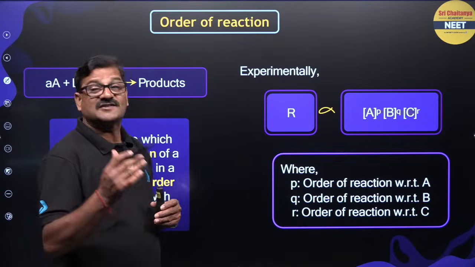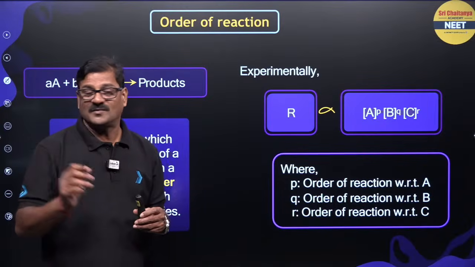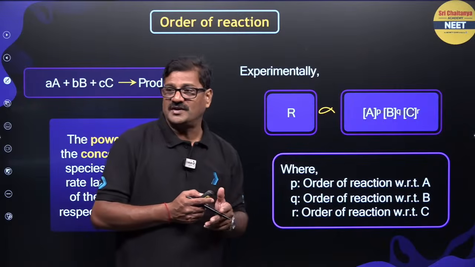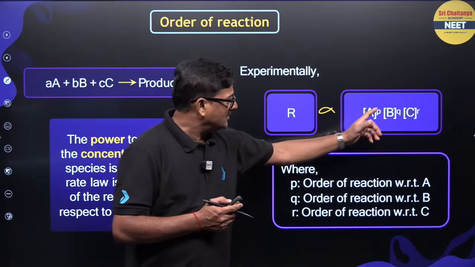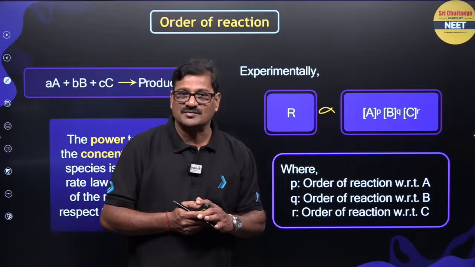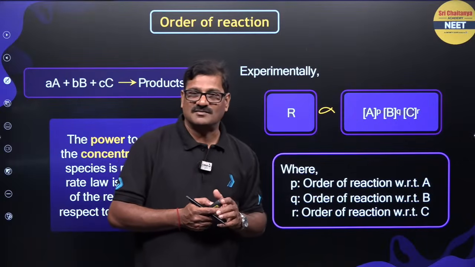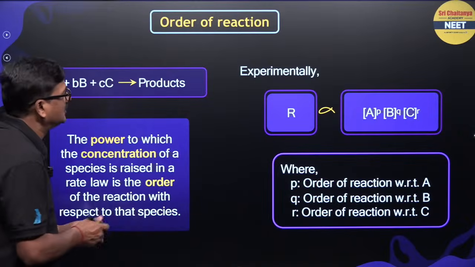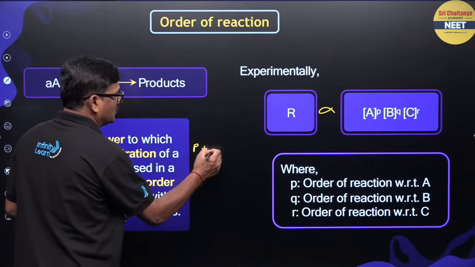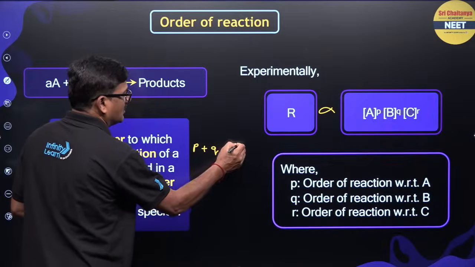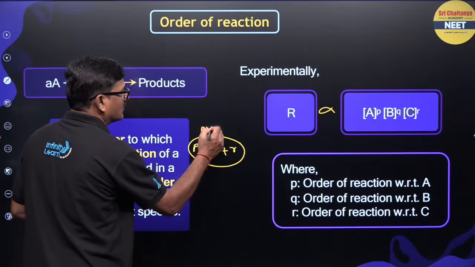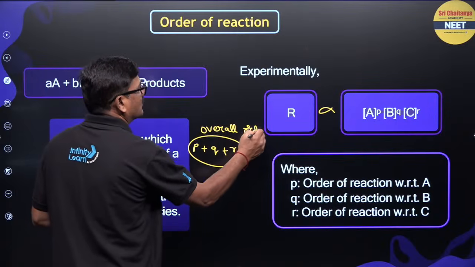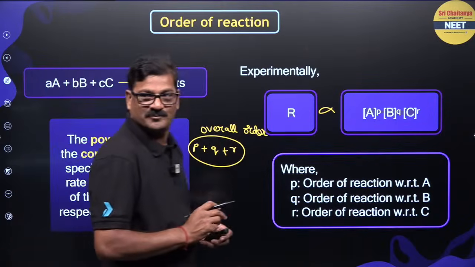So p, q, r experimentally determine करना पड़ता, and you can say order p is the order with respect to A बच्चों, and q is the order with respect to B, and r is the order with respect to C, and p plus q plus r is said to be the overall order. Fine.